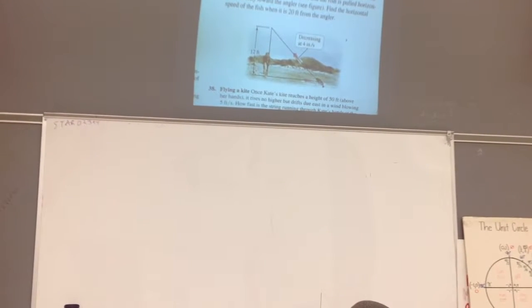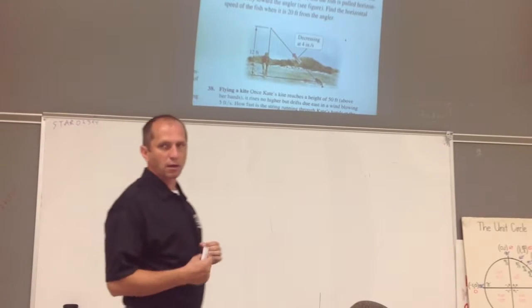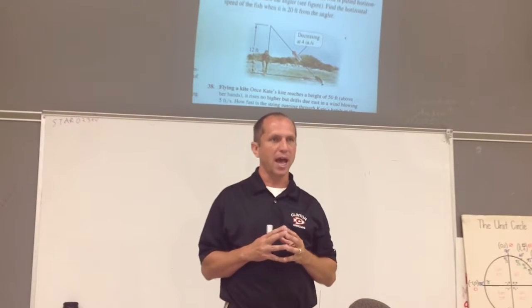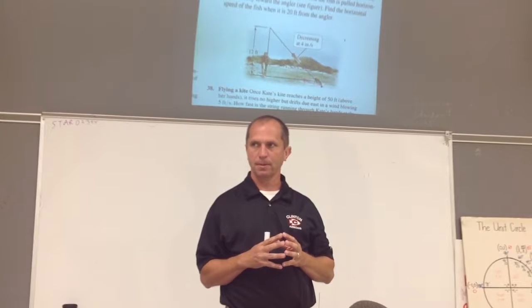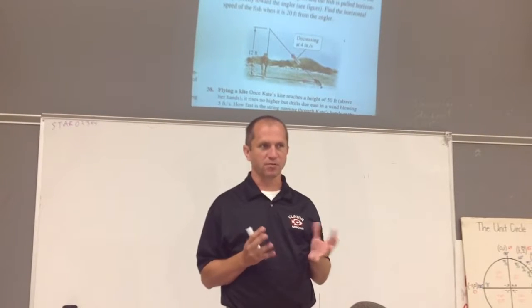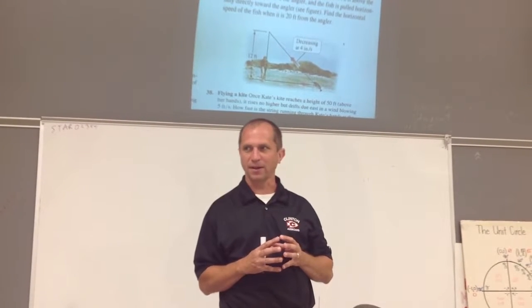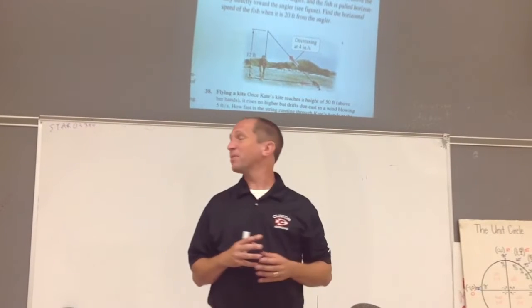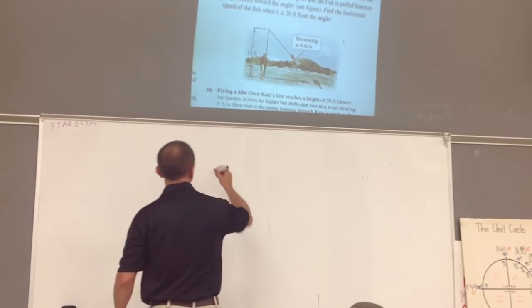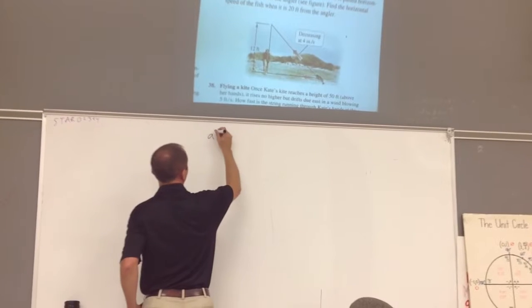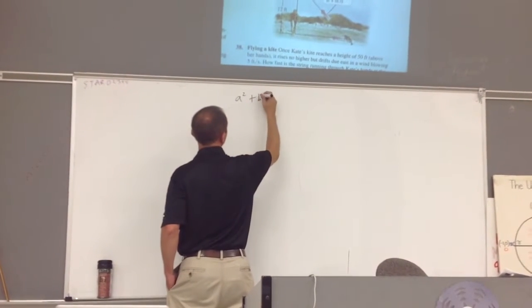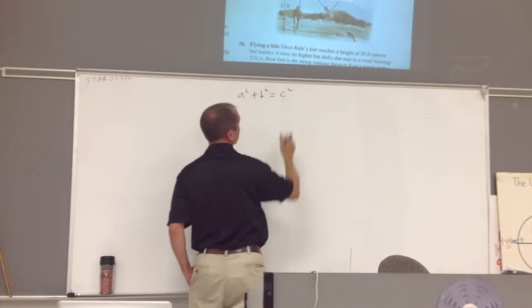Because as far as lengths of sides and right triangles are concerned, what do we have that helps us find lengths of sides when we're dealing with right triangles? The Pythagorean theorem. So we're going to have a squared plus b squared equals c squared.